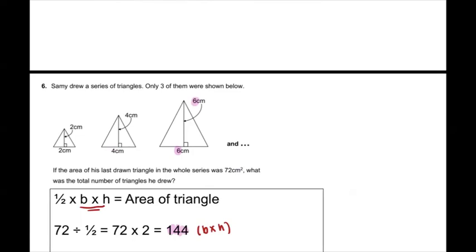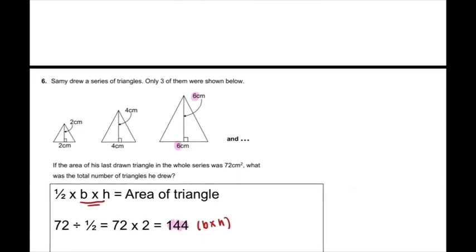So what you can do is find the square root of 144. So basically, ask yourself, blank times blank equals 144. And you're trying to find out what are these two numbers. And the key thing is these two numbers have to be the same.